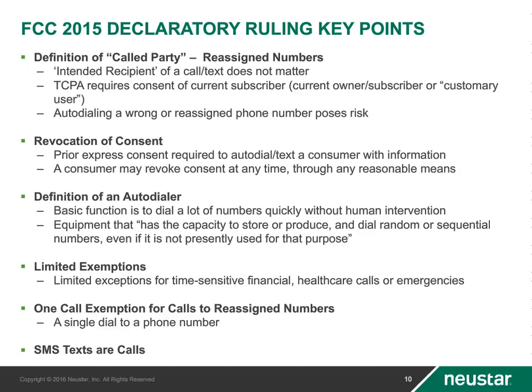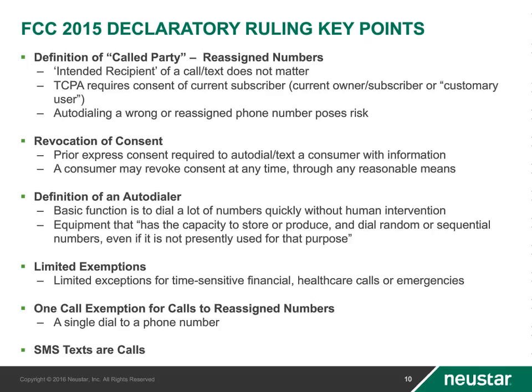But to give a specific example, if the calling technology you're using has several different modes, such as predictive dialing, preview dialing, and other modes, historically, there had been greater risks with predictive dialing. And this order also, by the way, clarified that predictive dialers are auto dialers.